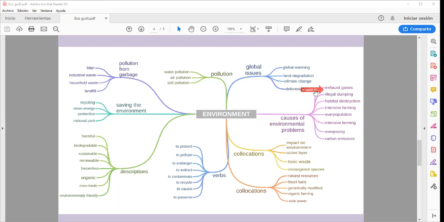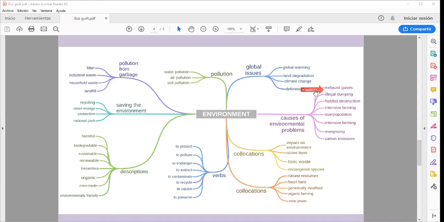Okay, so what about substances in industrial waste? Water wastage. Excellent. The waste of water.